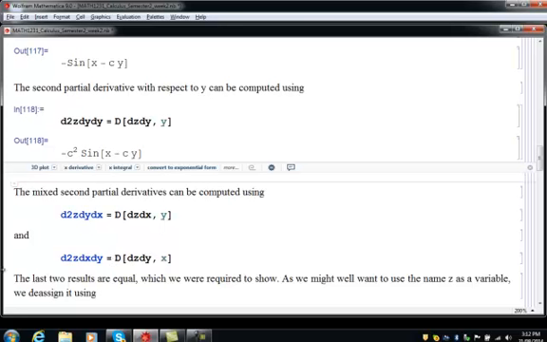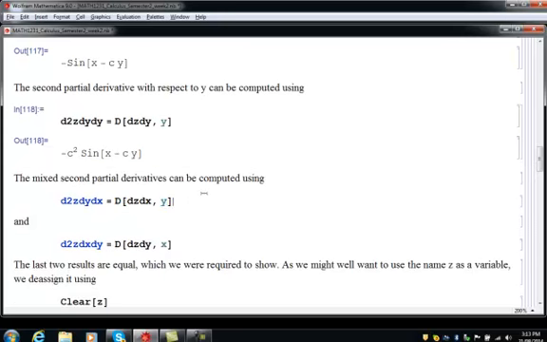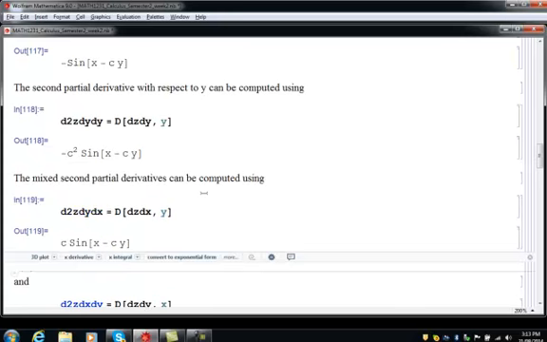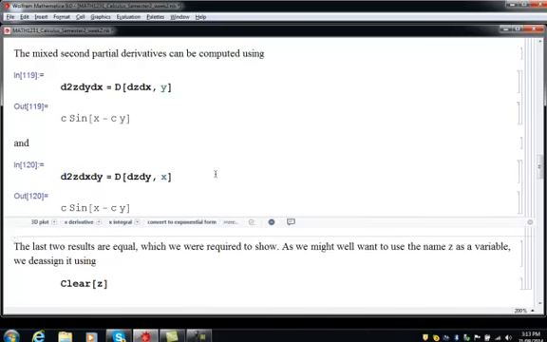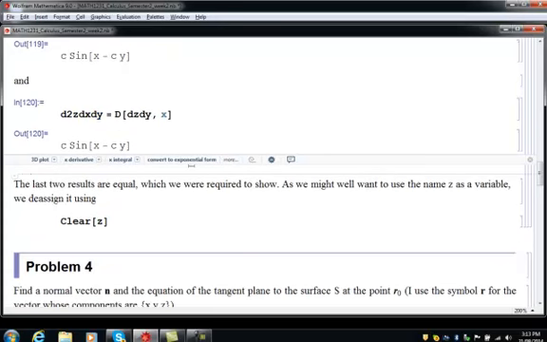Anyway, let's now define d2z dy dx, and we take dz dx and we differentiate that with respect to y. And that gives me that. And now we do the same thing in the opposite order. So d2z dx dy is got by taking dz dy and differentiating with respect to x, and we can see that they're equal.